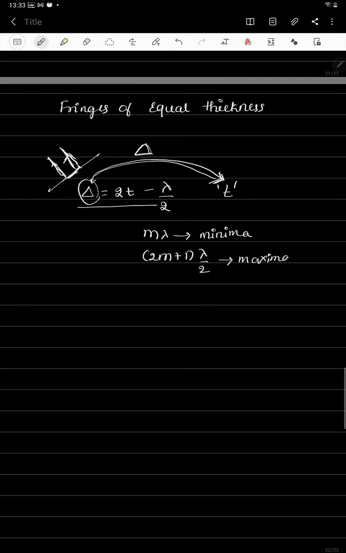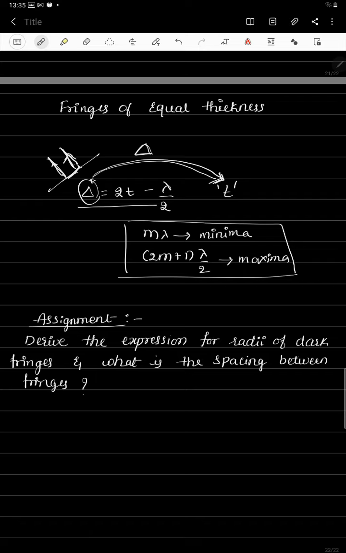If this condition is satisfied, then you get bright and dark fringes of equal thickness, but the spacing between them is different, because it depends on the value of the natural number, as the diameter varies as the square root of the natural number. So all have different spacing, but the thickness will be the same.